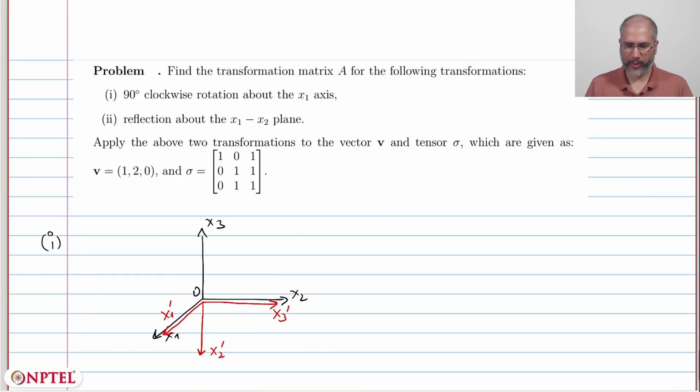So this red one is our rotated or transformed coordinate axes. Now what we need to do first is find the transformation matrix A for this. The transformation matrix components A_ij are given as the cosine of the angle between x_i prime and x_j.